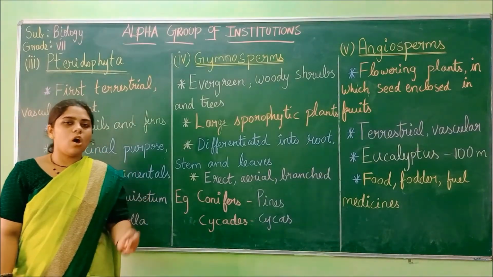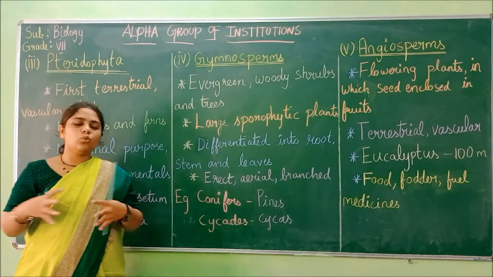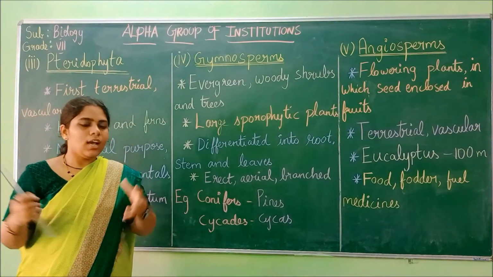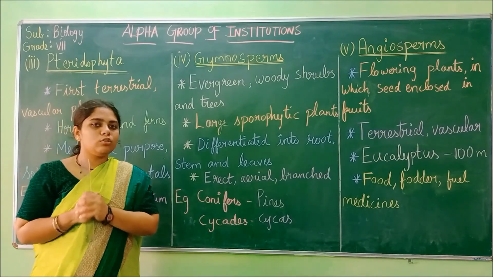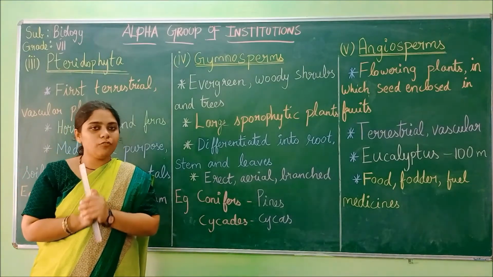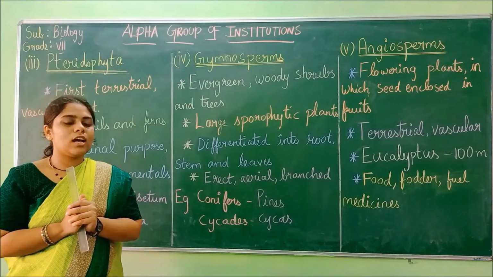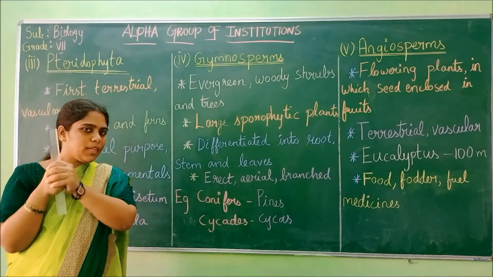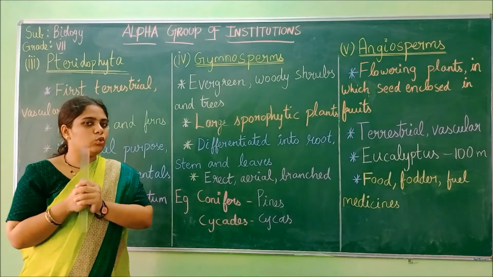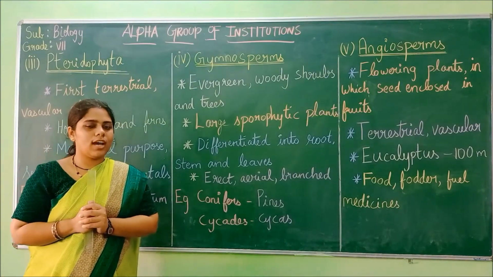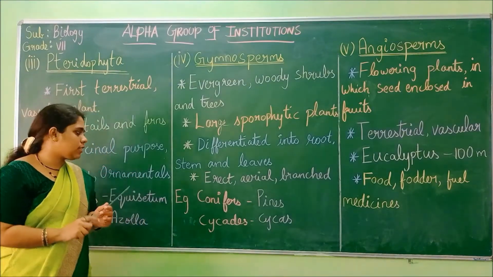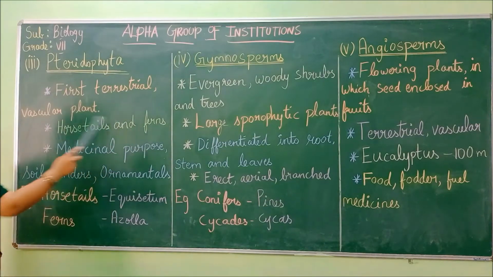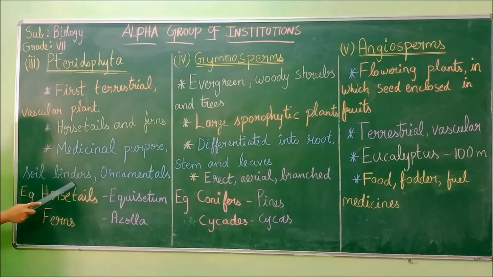They bind up the soil. They hold the soil together to maintain fertility. So pteridophytes are called soil binders because they hold the plant very tightly to the soil. That is why they are called soil binders. First is medicinal purpose and then soil binders.